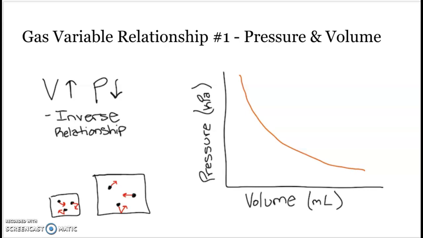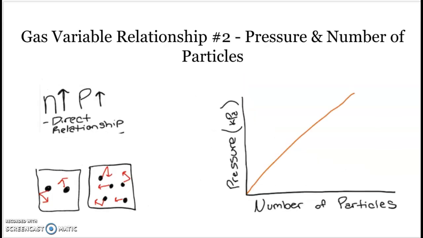All right, the second relationship that we are going to talk about is pressure and number of particles. So let's talk about when we change the number of particles in a container. This graph on the right is showing us an upward, positive sloping line. As the number of particles increases on the x-axis, as we move from left to right, we also see that the pressure increases on the y-axis.